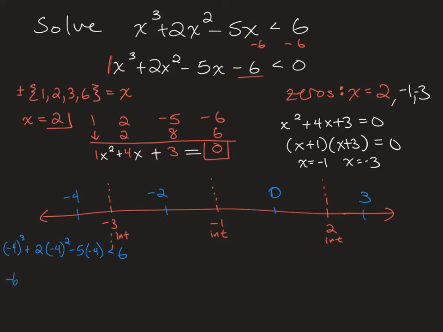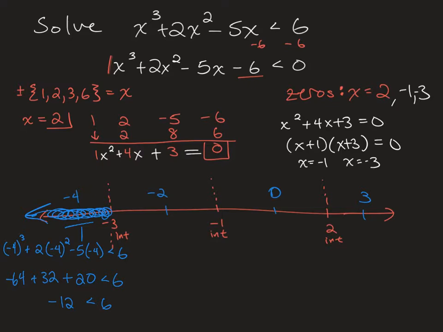So this is -64, this is 32, this is a +20, is less than 6. That's 52 minus 64, which is -12, is less than 6. That's true. So I'm going to shade here while I remember.